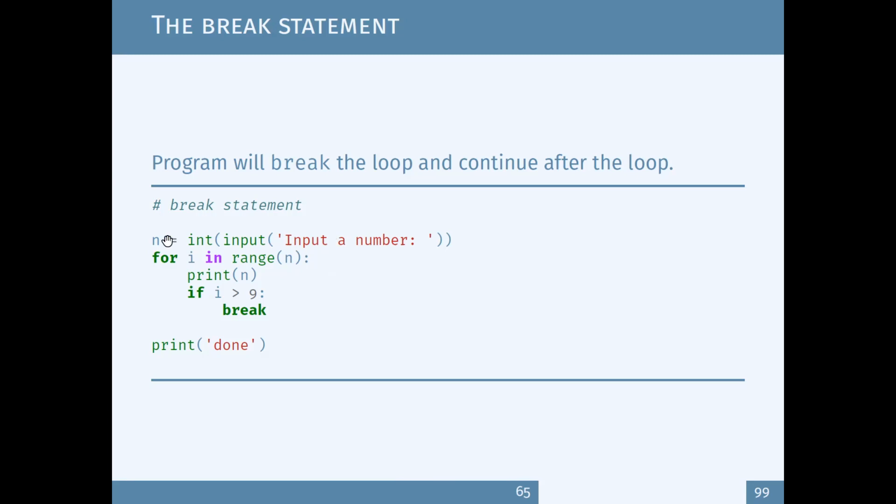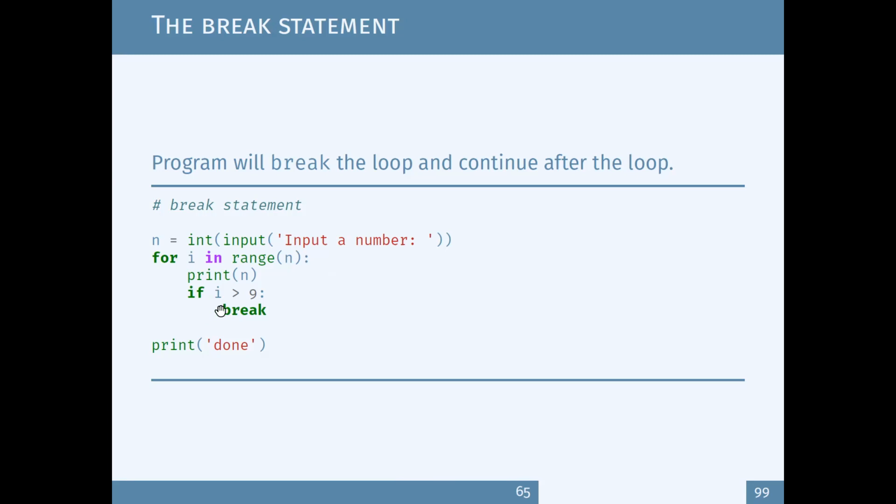Let's say somebody enters 10, then it should go for i in range 10, which means we repeat this 10 times. In this particular example, it will repeat n times. If somebody enters 1, it will repeat 1 time, 2, 2 times, 3, 3 times, and so on. But here, whenever it meets break, you will come out.